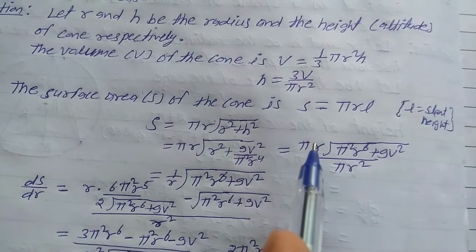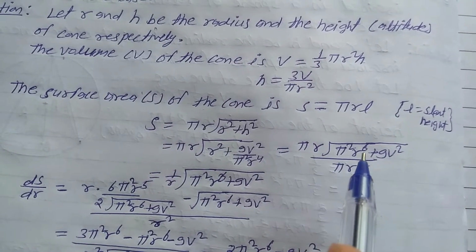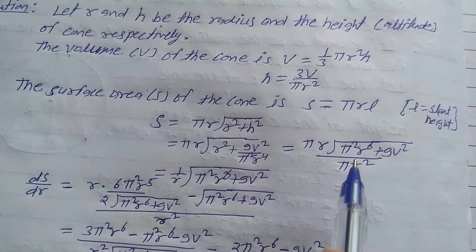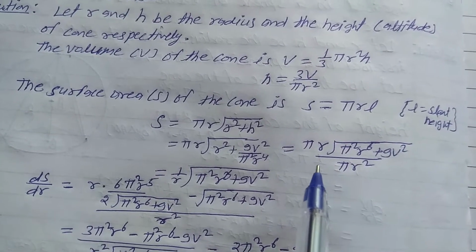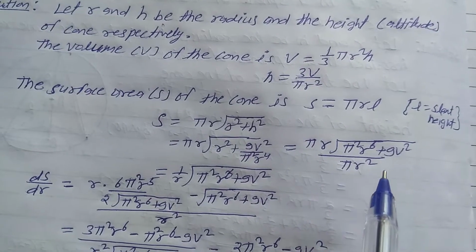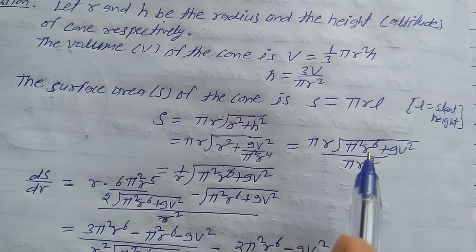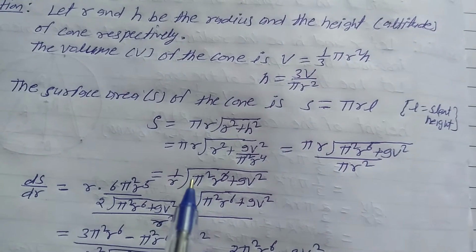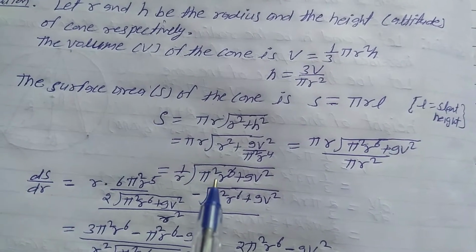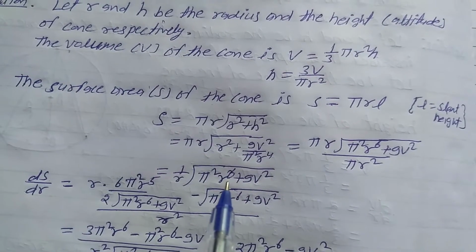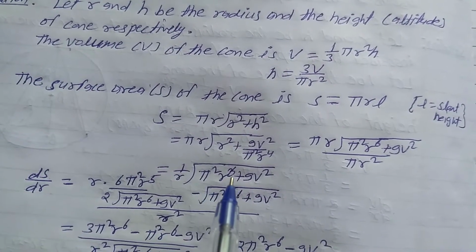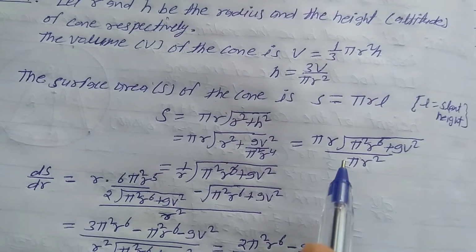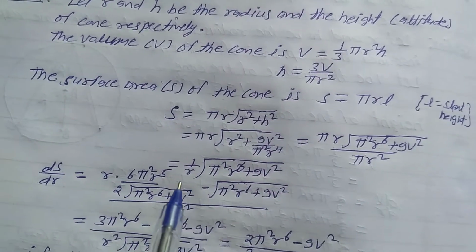Inside the root we take the LCM, take pi square r square outside, so it is pi r square, and we get pi square r power of 6 plus 9V square. Here pi cancels pi and r cancels r, that's why 1 upon r is remaining.